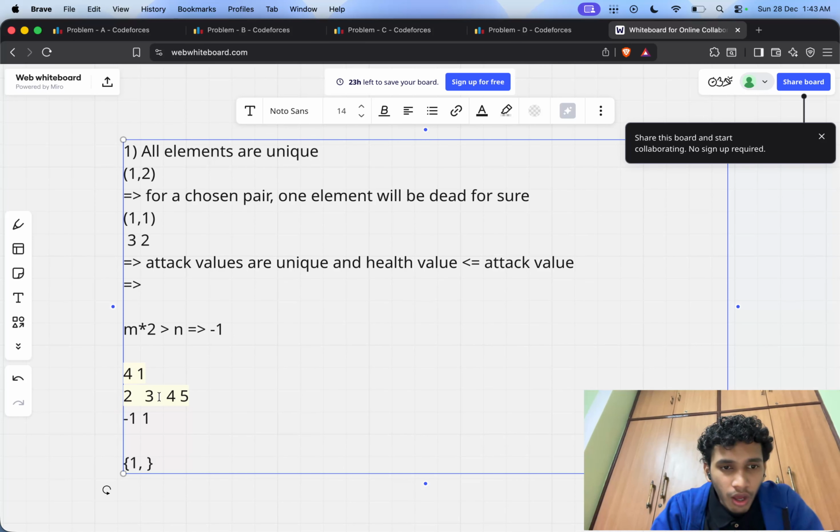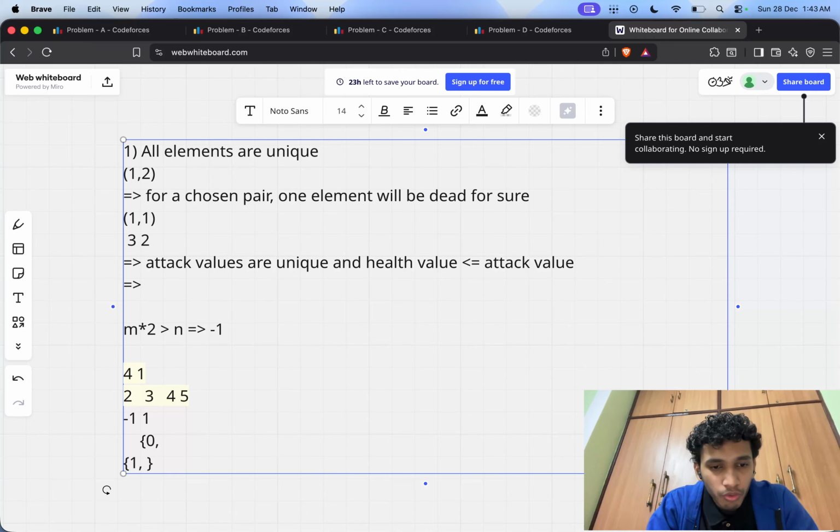Now, if this particular 4 attacks this 3, what is the health constraint for this particular element? Its health will be somewhere in range 1 to 3.